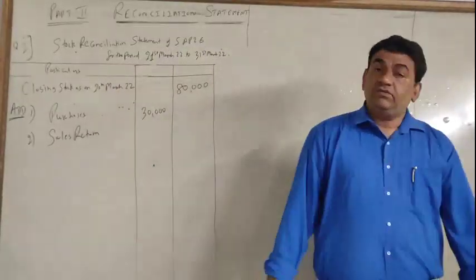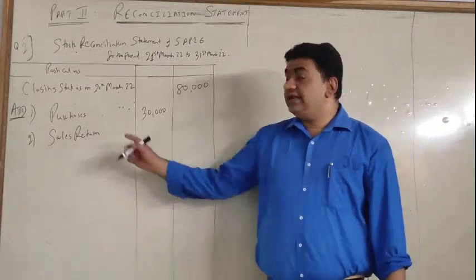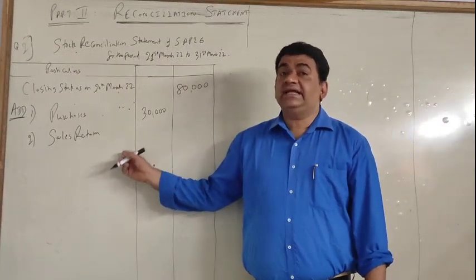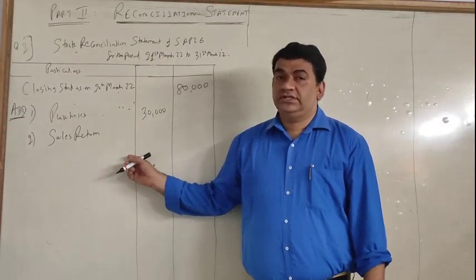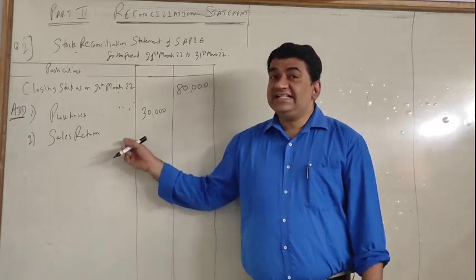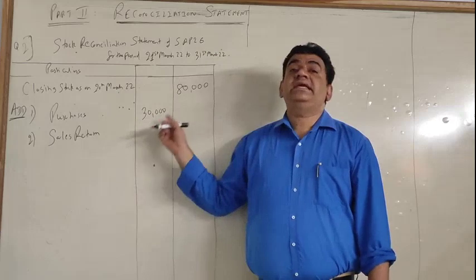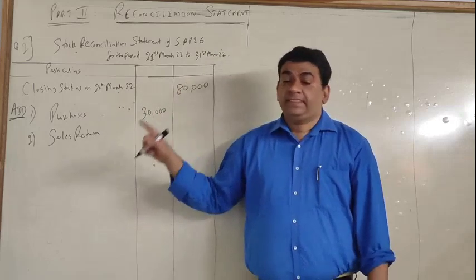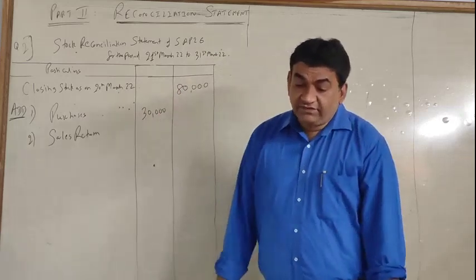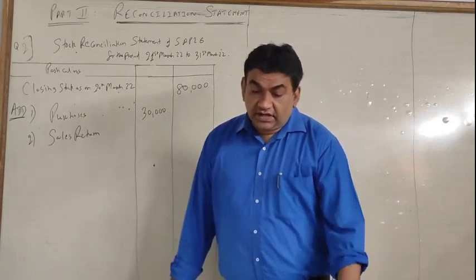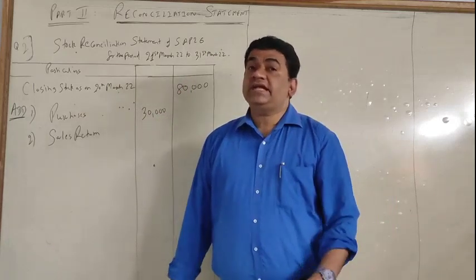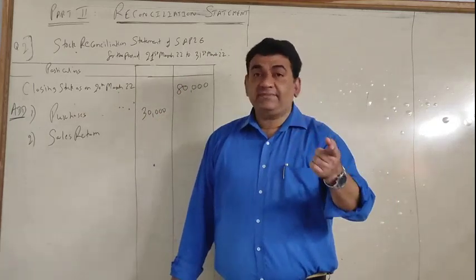But what I told you, when we record sales and sales return, it has to be at cost. Now this amount is 7,500. At what price? Selling price.